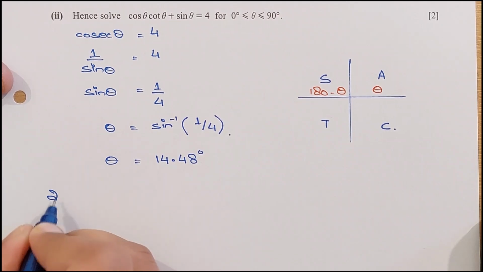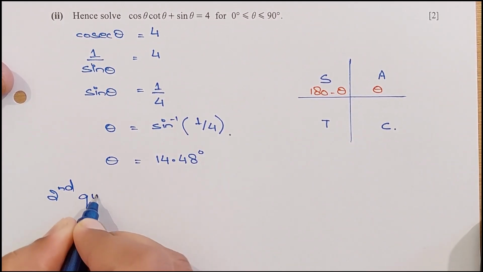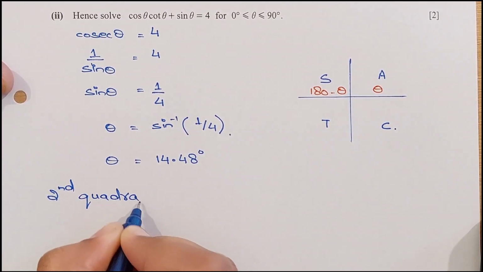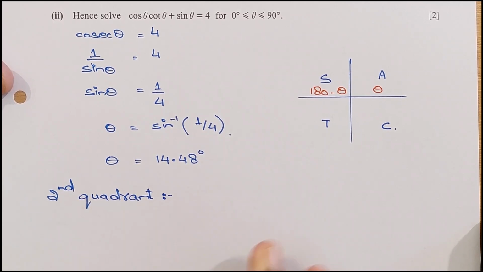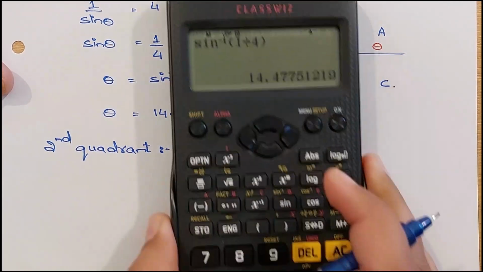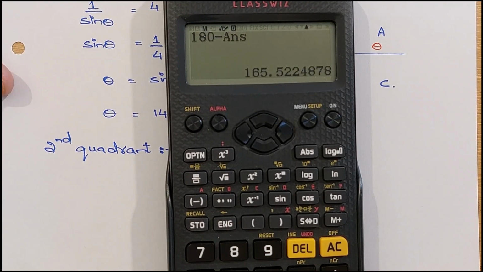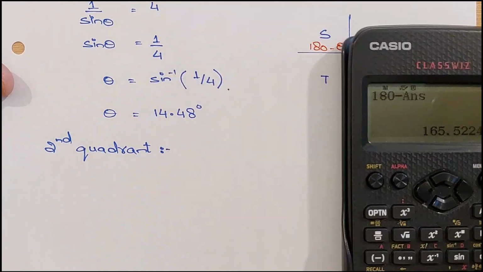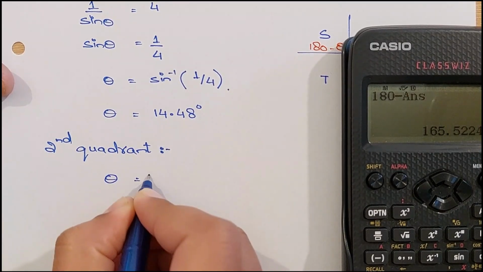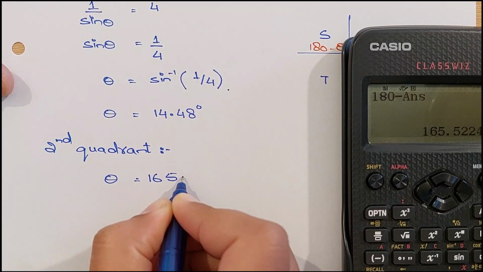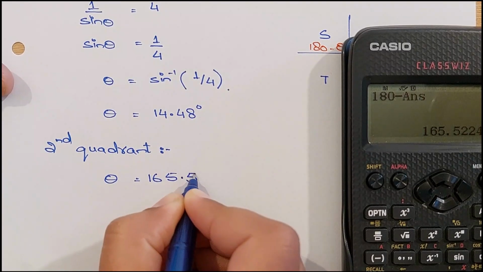Now for the second quadrant, the value of theta is 180 minus this. So 180 subtract the answer is 165.5. So theta is 165.5.